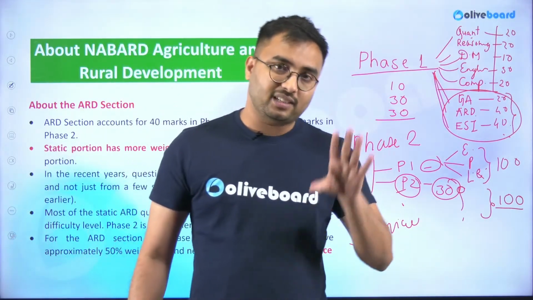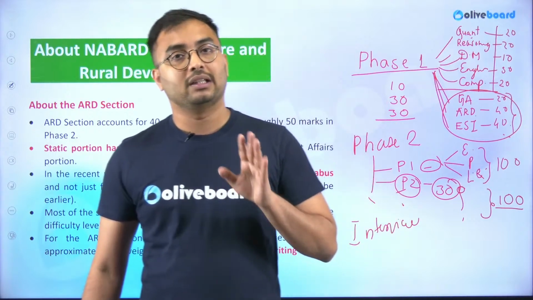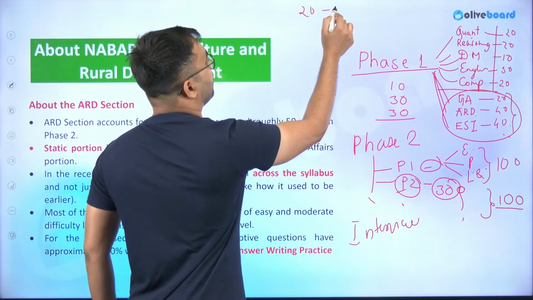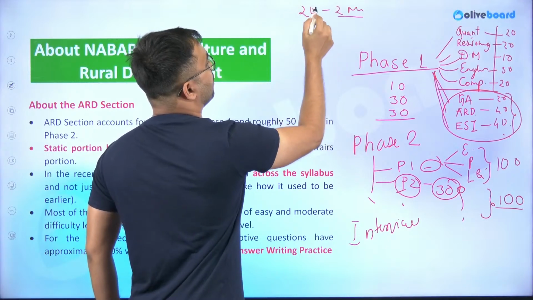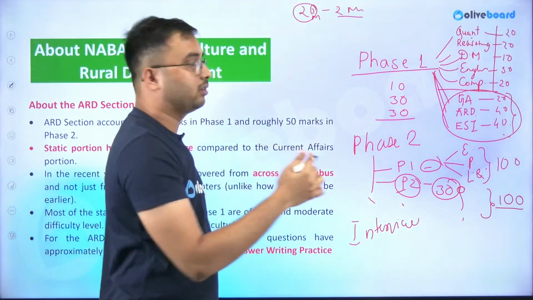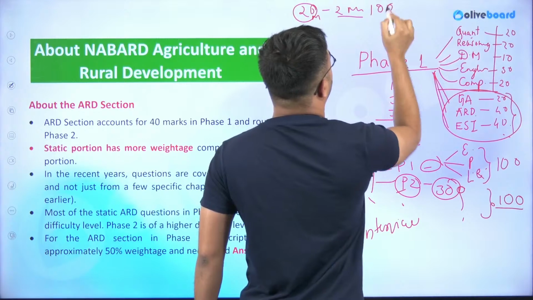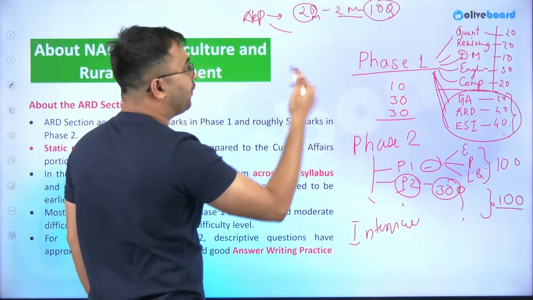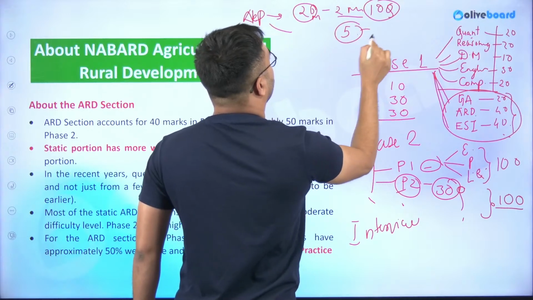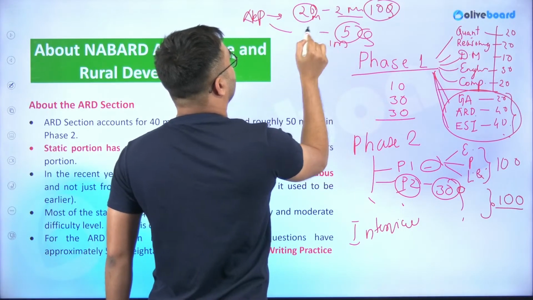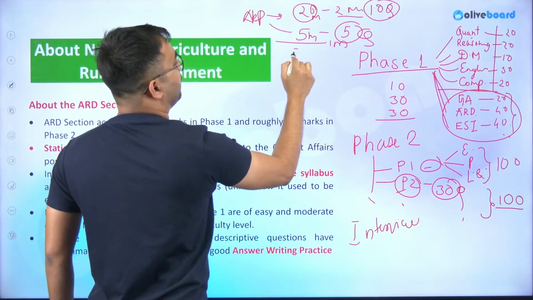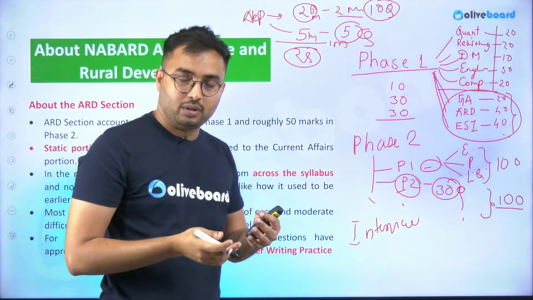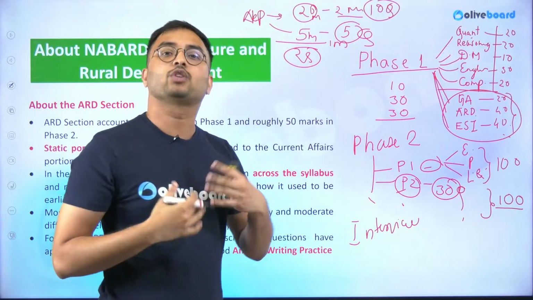For each subject, 10 questions will be for 2 marks, which gives 20 marks, and 5 questions for 1 mark, which gives 5 marks, total 25 marks. So ARD has 25 marks objective, and similarly ESI has 25 marks objective.